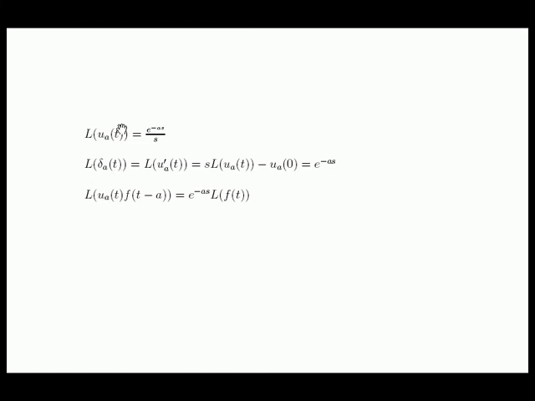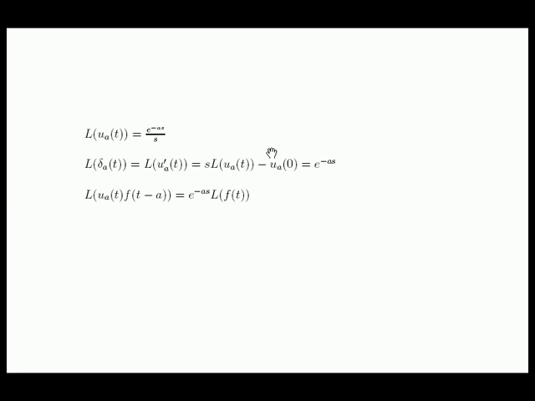And so knowing that delta sub a is just the derivative of u sub a, we can use the formula for the Laplace transform of a derivative of a function: s times the Laplace transform of that function minus the function at 0. Well, u sub a at 0 is 0 because it's 0 up until a. So that disappears, and you just have s times the Laplace transform of u sub a.